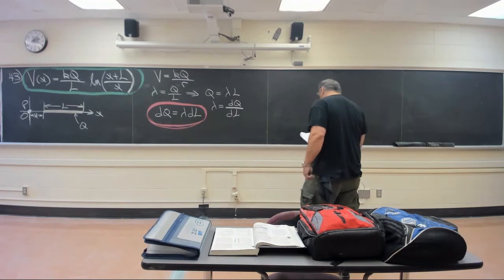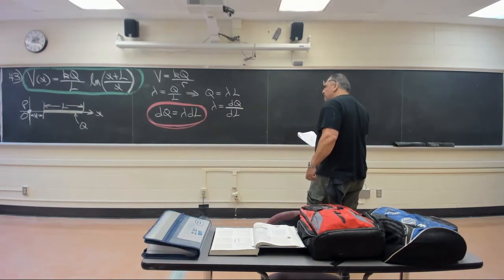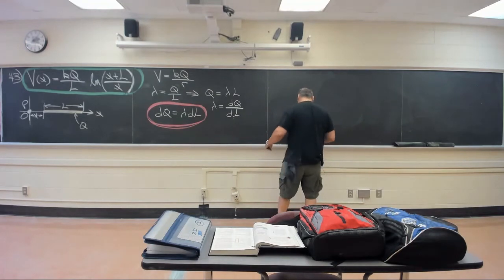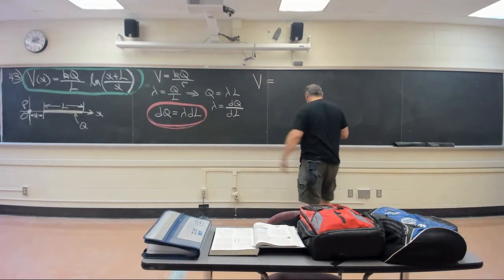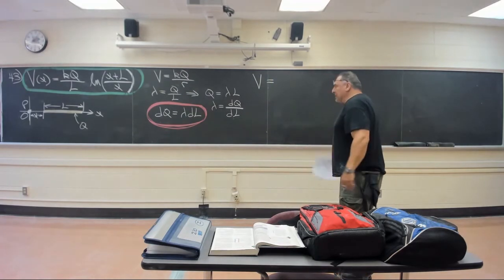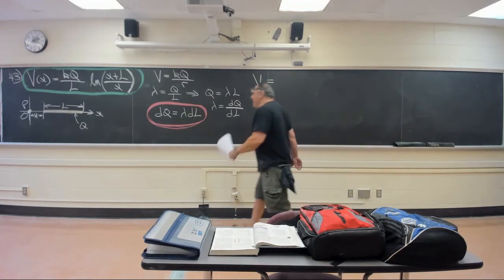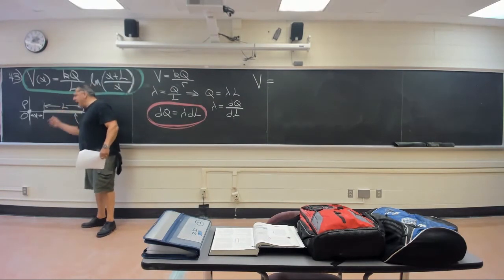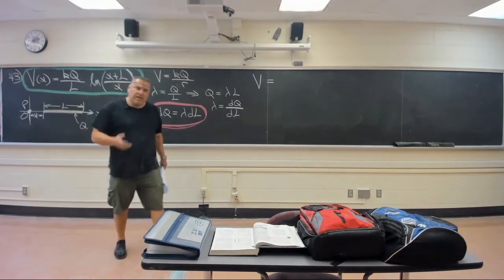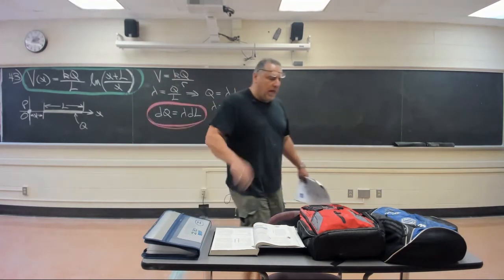So you got this. Let's talk. The potential, here we go again. They put this letter L, and this capital letter L is a set number. But I'm also going to use capital L as a variable.